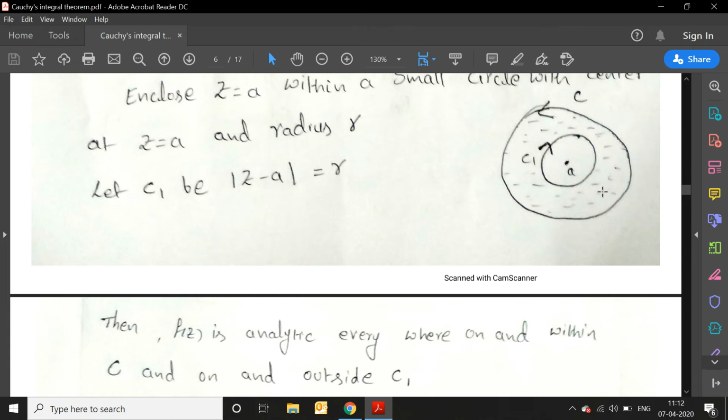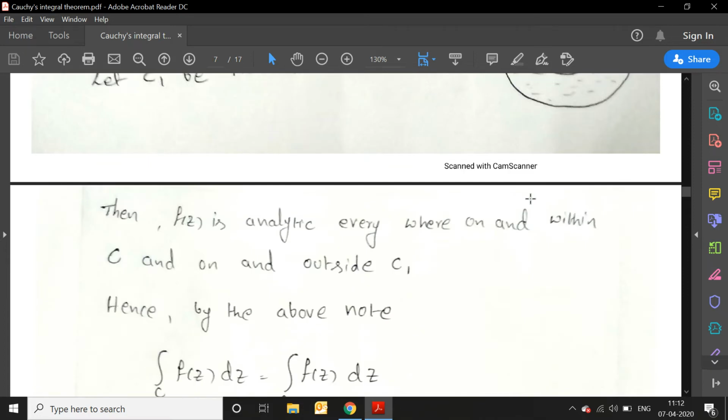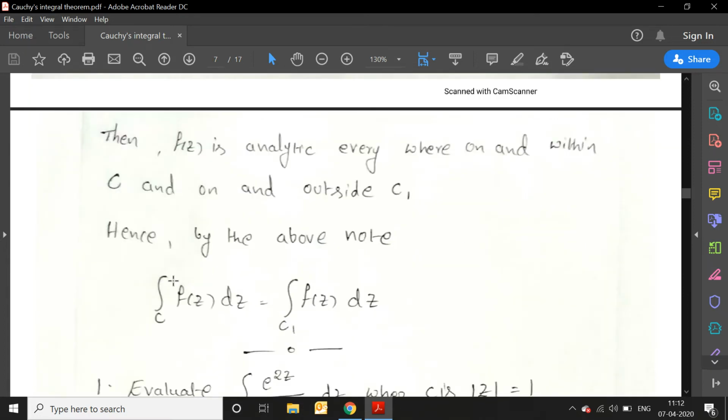So f of z is analytic in the shaded region only. So hence by the above note, we can write integral C f of z dz is equal to integral C1 f of z dz.